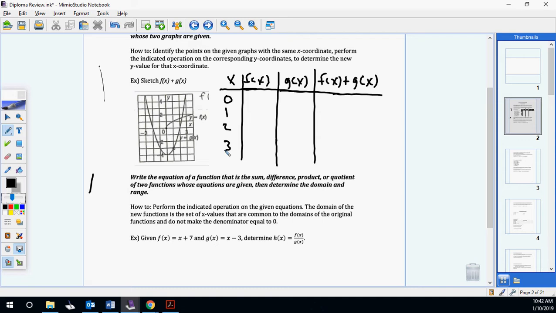If I'm looking at f of x, it looks like f of x is this guy. So at 0, what's it doing? Okay, good, 0. At 1, it looks like it's 1.